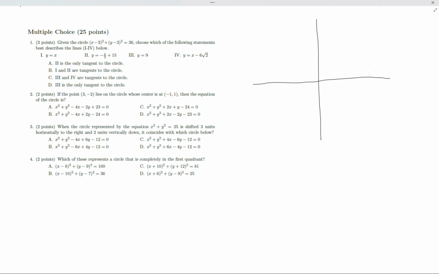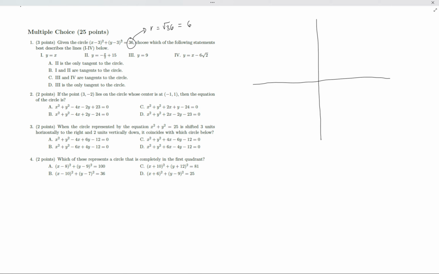We have here (x - 3)² + (y - 3)² = 36. In this case, I know that the radius is just the square root of 36, which is 6. We cannot use the negative value because this is the radius, and the radius is a measure of length.